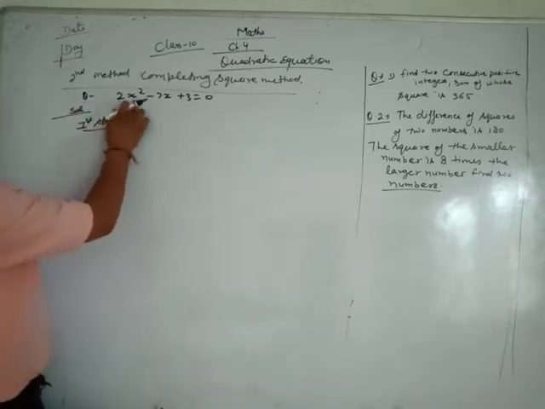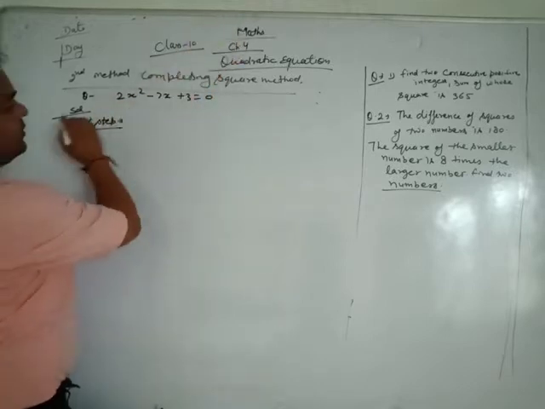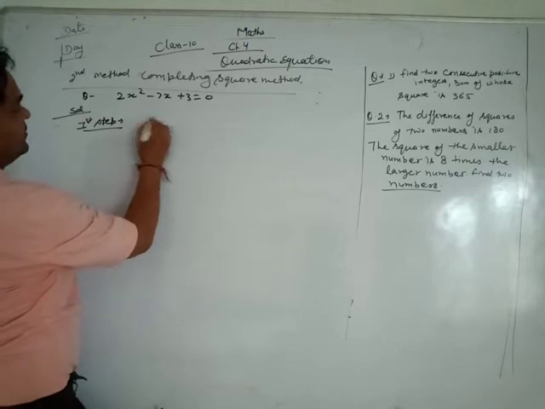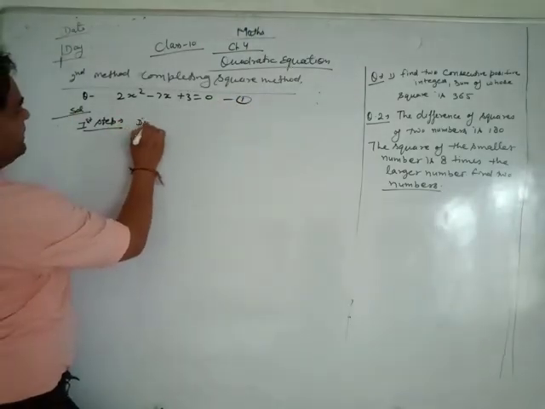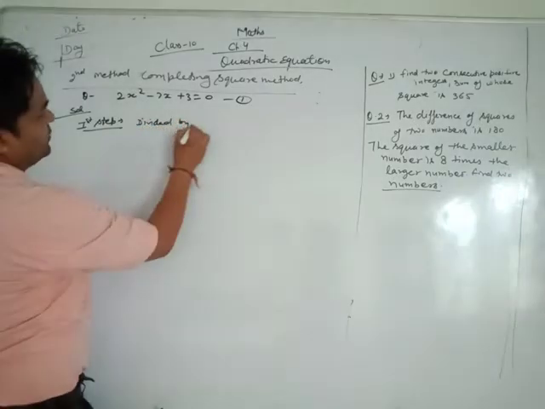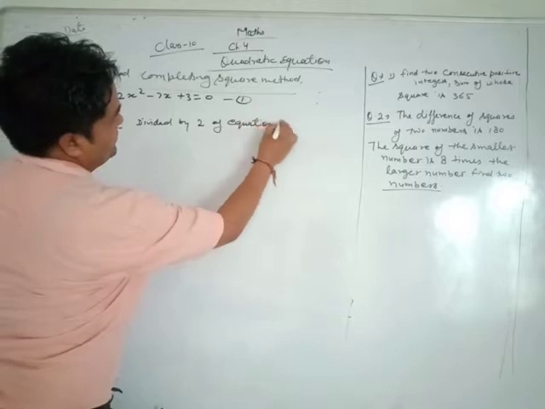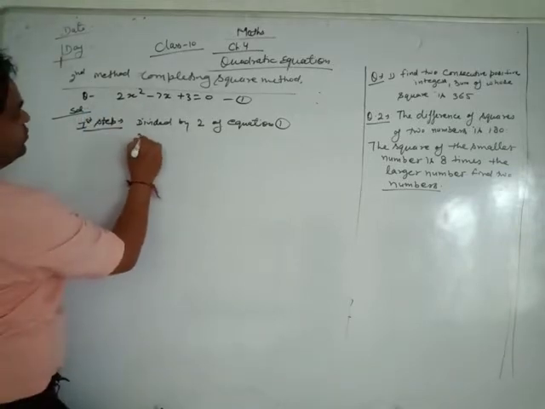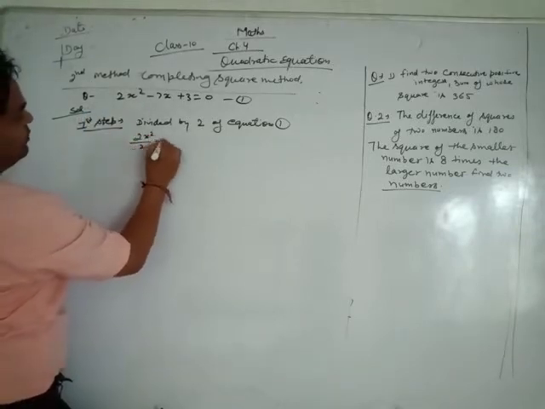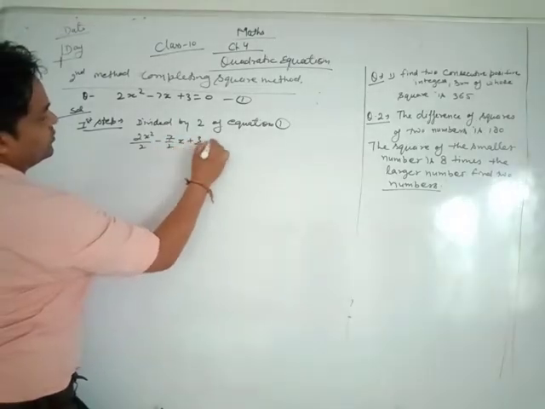So how can we free it? We divide the equation first by 2. Dividing, 2x square by 2 minus 7 by 2x plus 3 by 2 equal to 0.